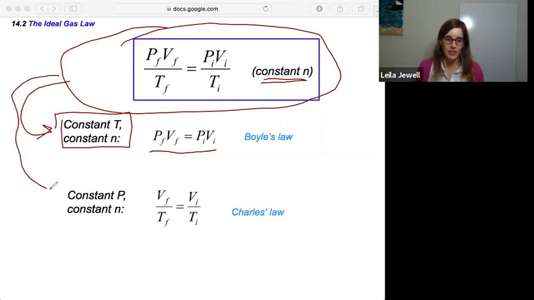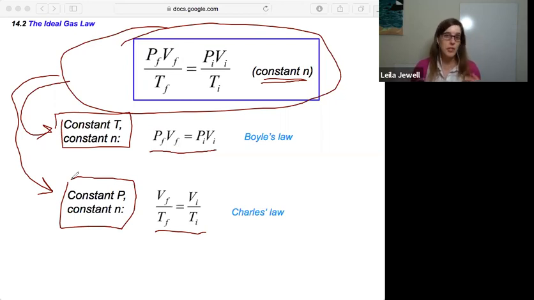Finally, if it is constant pressure along with a constant amount of gas, then the pressure would cancel out and we'd be left with volume divided by temperature. This is known as Charles' law, but again, very rigid constraints on when we can use it. This gives you some different approaches you can use, and it clues you into things you should be looking for in a problem.